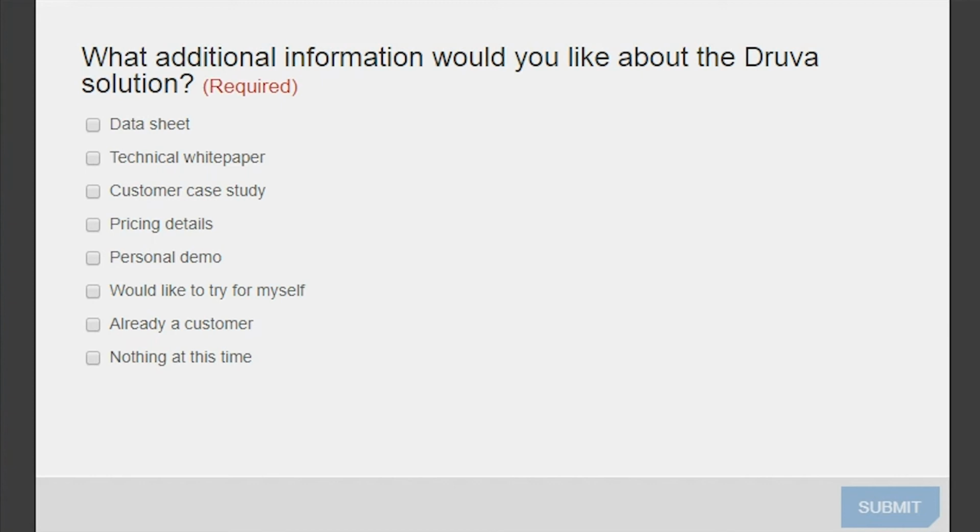So Druva's SaaS-based model, our ability to dramatically simplify the backup and recovery process, our ability to deliver highly scalable backup at a substantially lower cost, and our ability to secure the backup process and the data for customers and to allow them to recover that, whether it be at another location or in the cloud. That's been our hallmark.